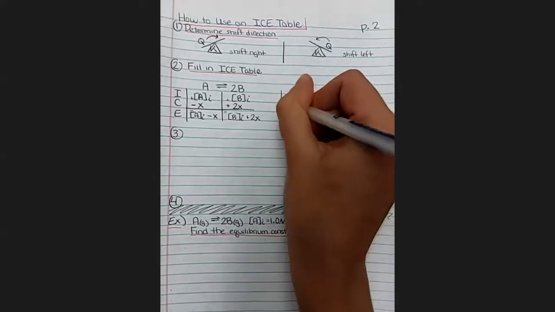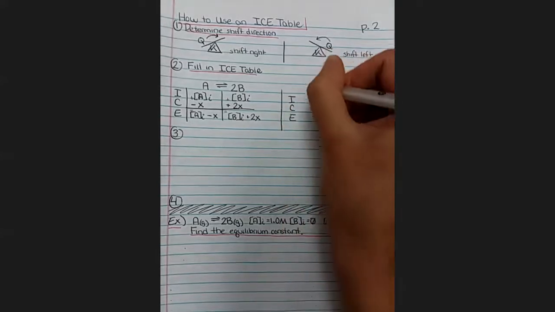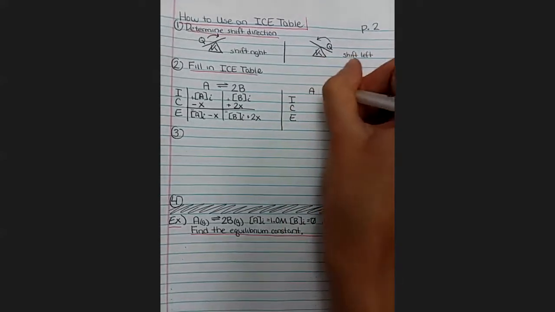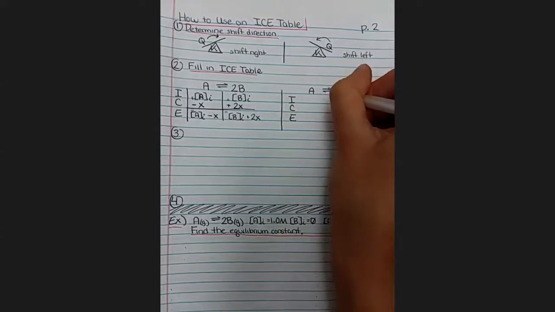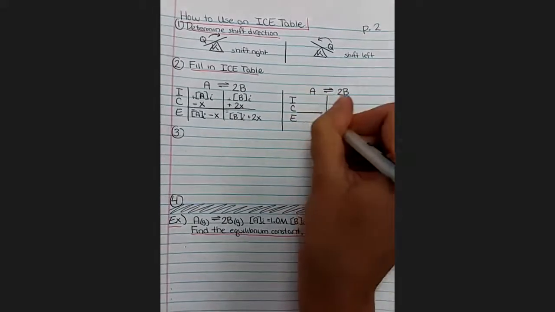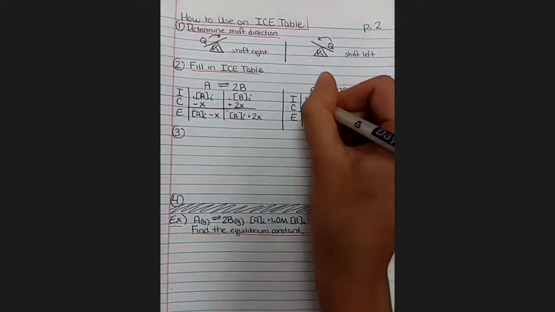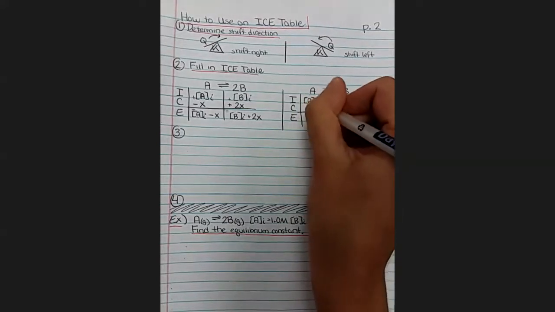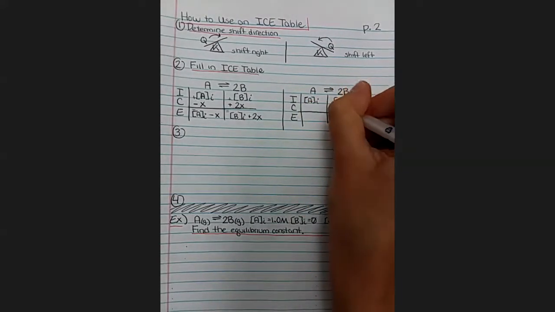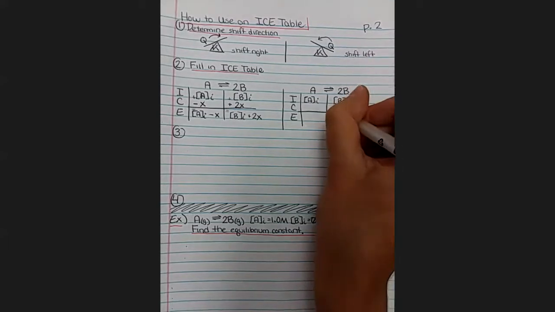Let's do one on the shift left side just to make sure you've seen everything that you need to know how to use these. So same reaction, similar looking table. Okay, we're going to start with the same initial concentration of A and some initial concentration of B. And then when we shift to the left, we're going to subtract the product side.